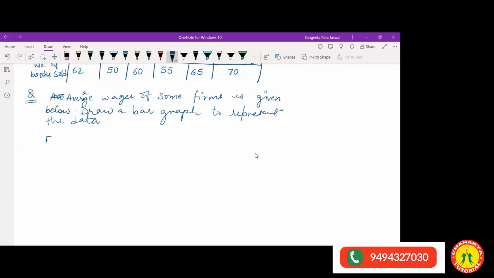Okay. Now these are the firms. The names of firms are given, and on the other way, average wages are given. Average wages are in rupees. Now the names of the firms are A, B, C, D, E, F. Okay, these are the firms.